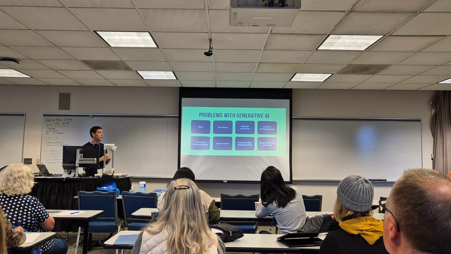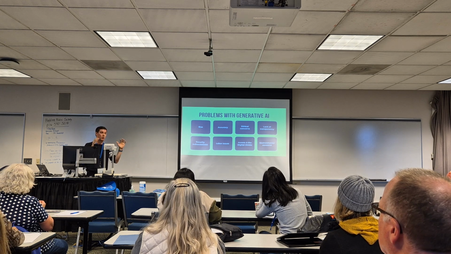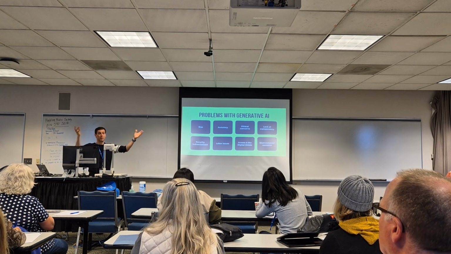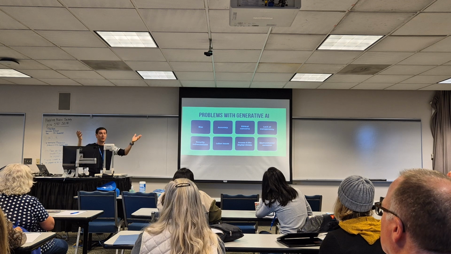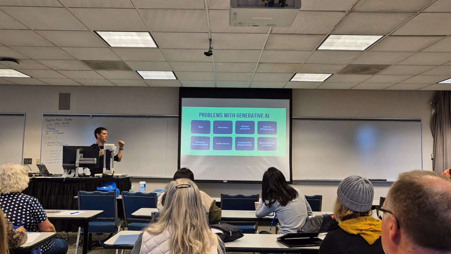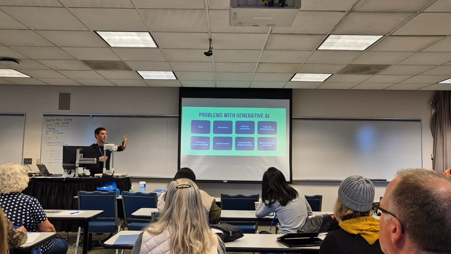Bias. The way that the large language models are trained is off of information from the internet. And it's all information that is easily accessible. So if you have a website that is behind a paywall, it's probably not gonna pull from that.